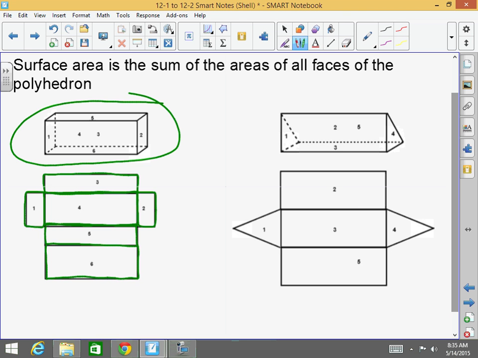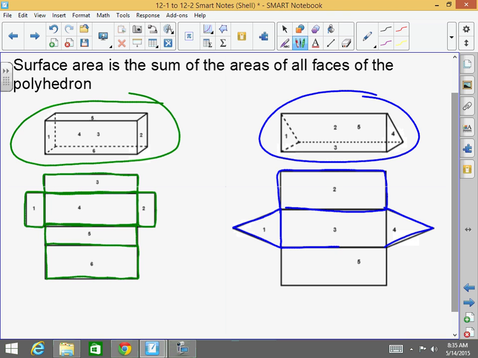So if I pop it out, I create 6 different rectangles. If I take this triangular prism and I start popping out all the sides, the 2 triangles, which would be the bases, are right here. And then I have the 3 sides laid out in a linear format. It's not 3D anymore.